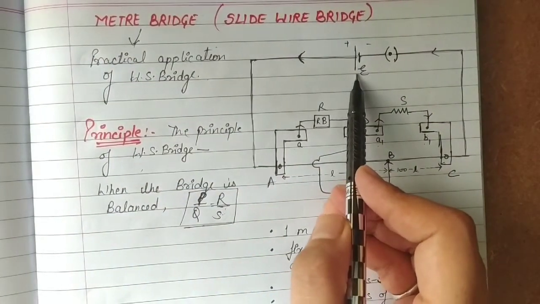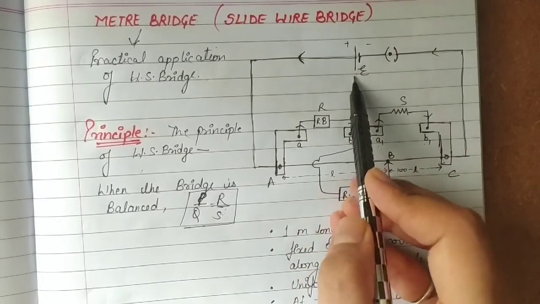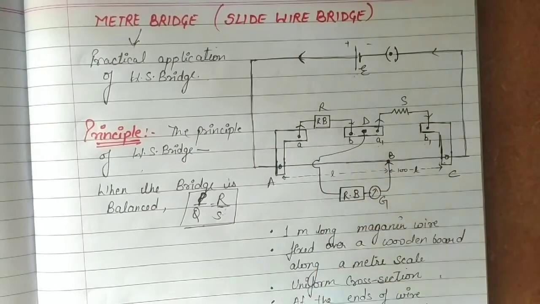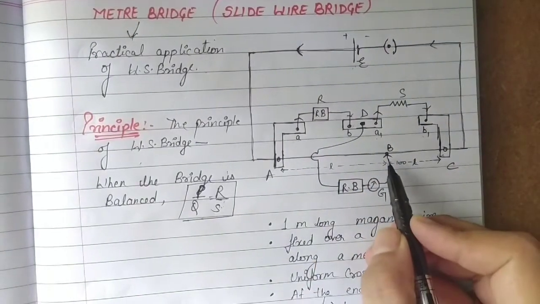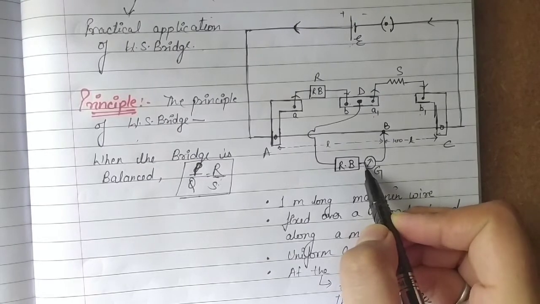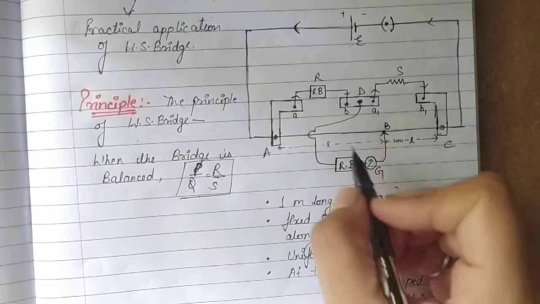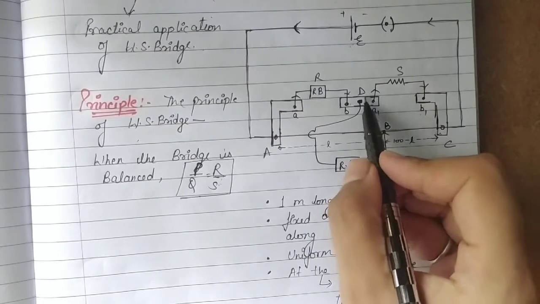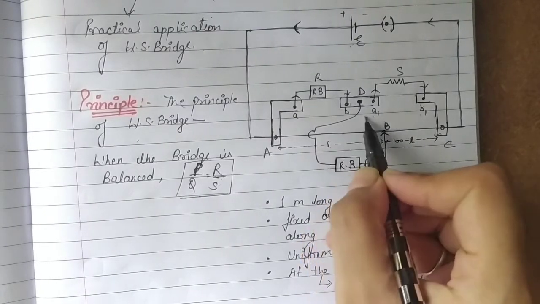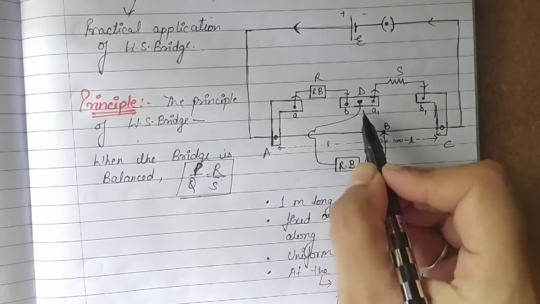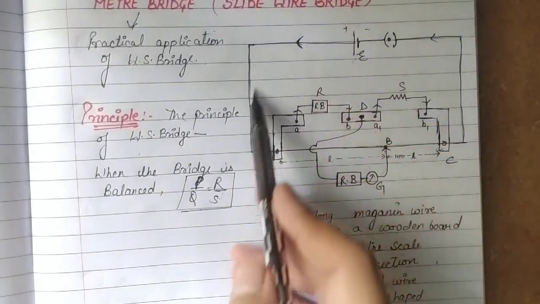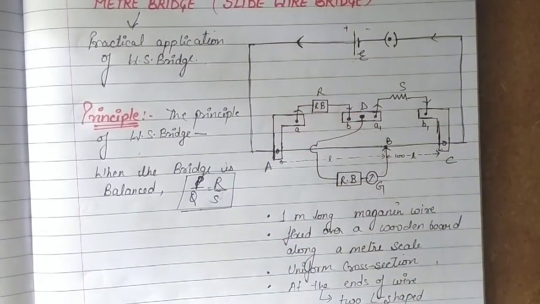A movable jockey and a galvanometer are connected across BD, along this wire between the points B and D, and the whole setup is shown in the figure. This is the whole figure for meter bridge.